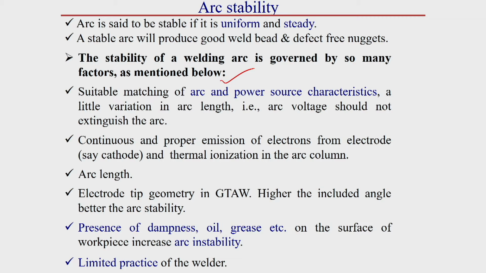when we can get a stable arc, that means the arc developing between the electrode and the workpiece will be stable. The stability of this arc depends on so many factors. First of all, we should know what the different factors governing arc stability are.